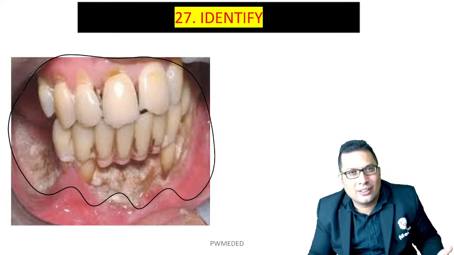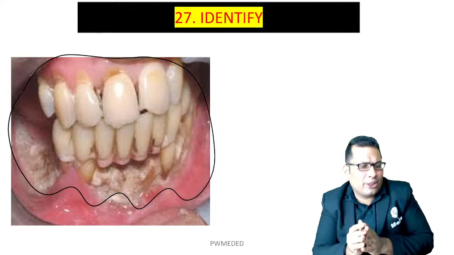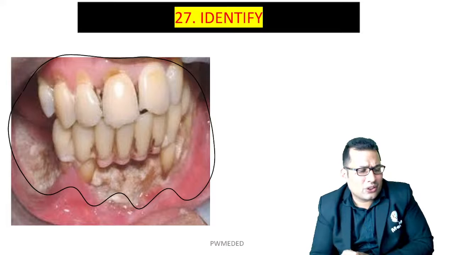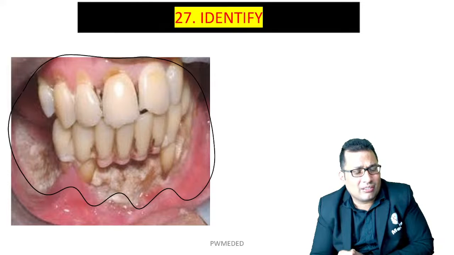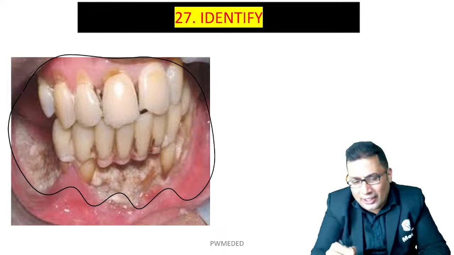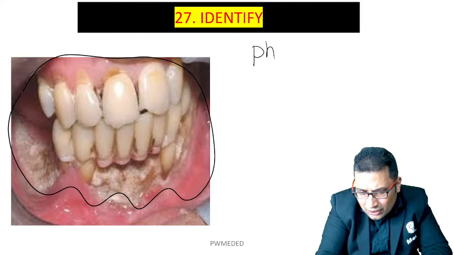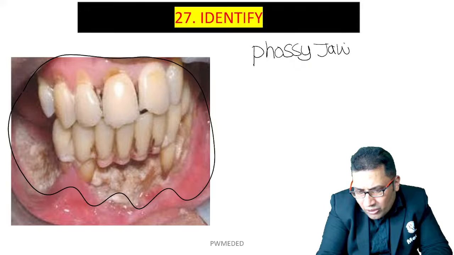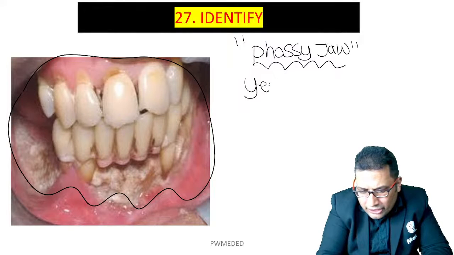Can you guess? What you can see in the picture is multiple sinuses, pus formation, necrosis. This is known as phossy jaw, and phossy jaw is caused by yellow phosphorus.